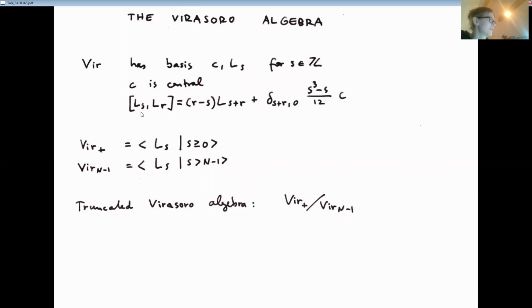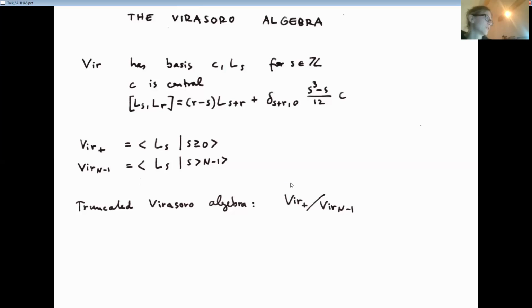And now taking the Lie bracket between two such generators indeed reminds of what we've seen before, because we get again this factor R minus S, and the indices add up to LS plus R. And then there's an additional summand that is living in the center, but this guy here dies if we look at truncated Virasoro algebras that are merely generated by the LS with positive index, and then we mod out all those LS that have index greater than n minus 1.